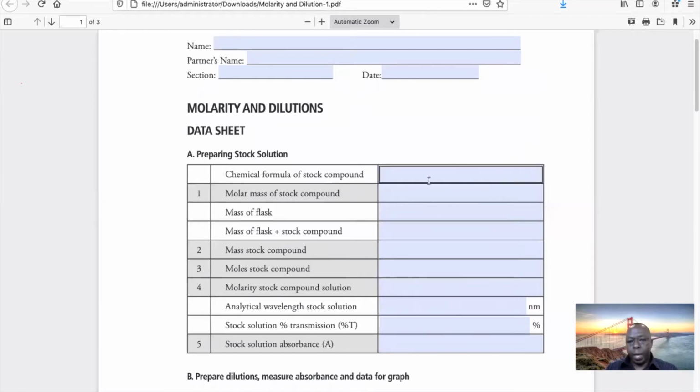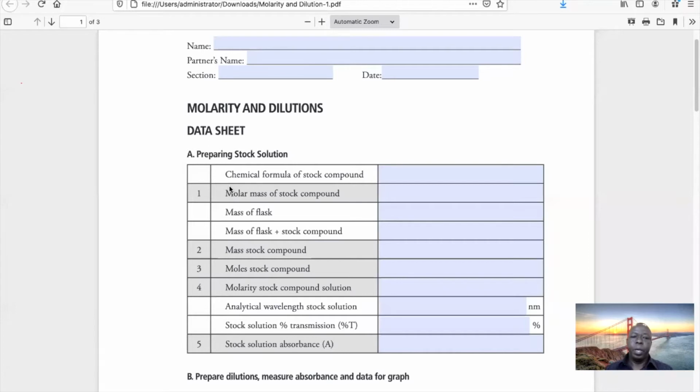There is no way you will fill in Table 1 or Part A, preparing the stock solution, without preparation. The stock solution is the solution which you will use for the entire experiment. Think of it as the one you always collect from the fume hood and take to your workstation, and then use to carry on the experiment. That's what you will be doing in Part A.